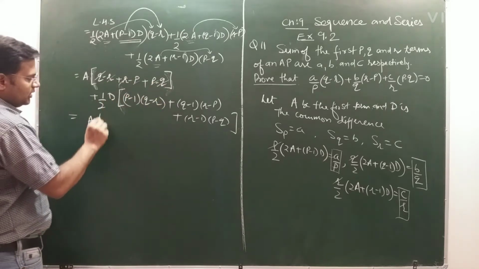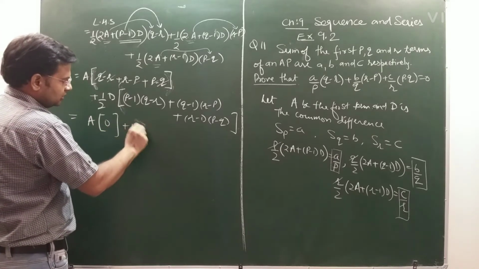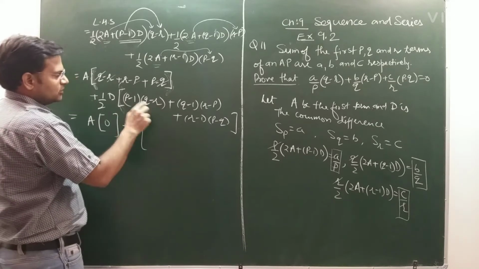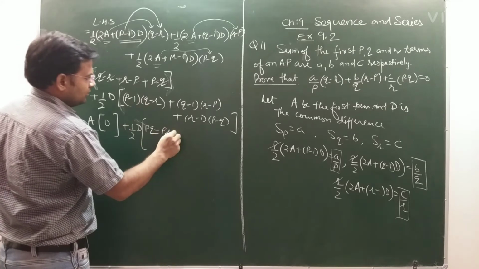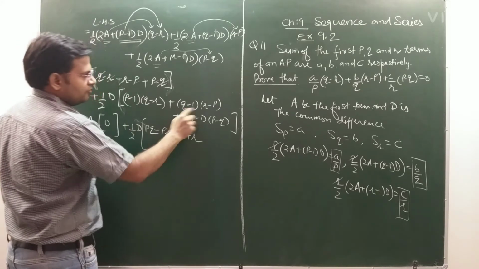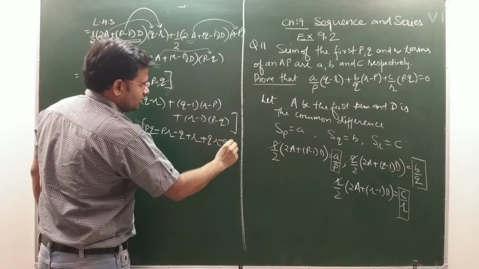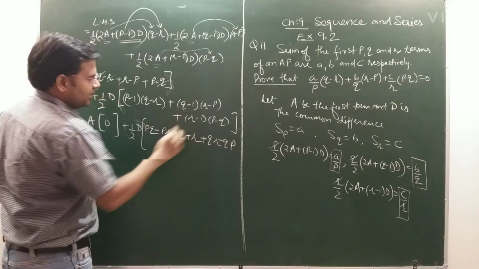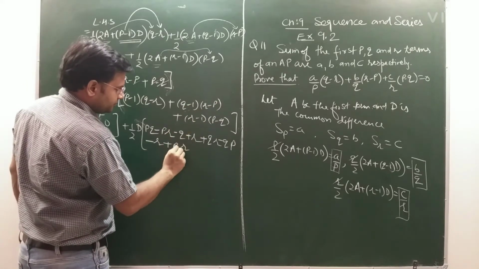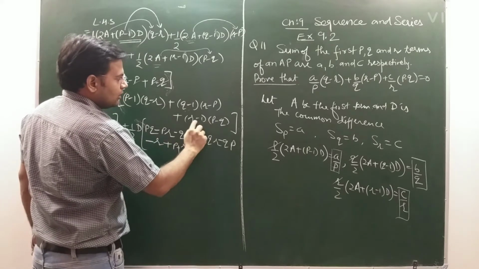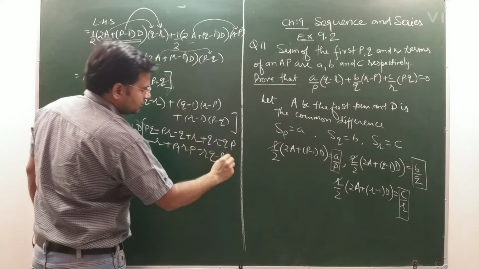So this is A into 0, and here you see this is 1 by 2 D. Now we open the bracket: this is PQ, this is PR, minus Q, and minus R plus... From here, this is QR, minus QP, minus R, plus P. From here, RP minus RQ minus P, and this will be plus Q.